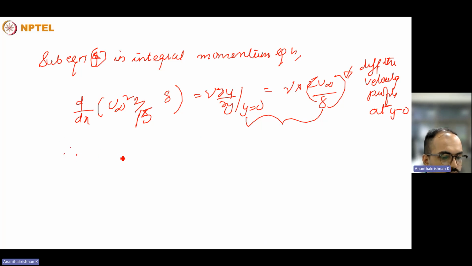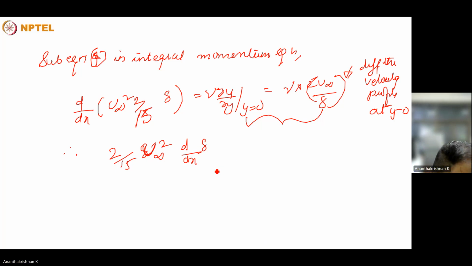Therefore, taking the constants outside, we get 2 by 15 of u infinity squared d by dx of delta times delta, taking this delta on the left hand side and this u infinity here, equal to 2 nu.